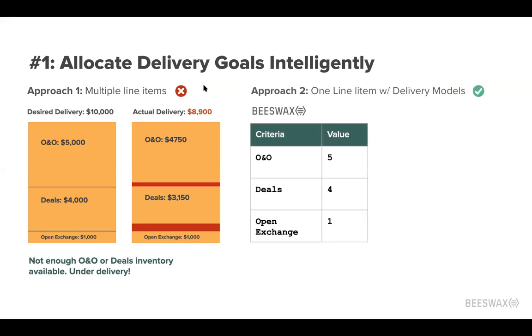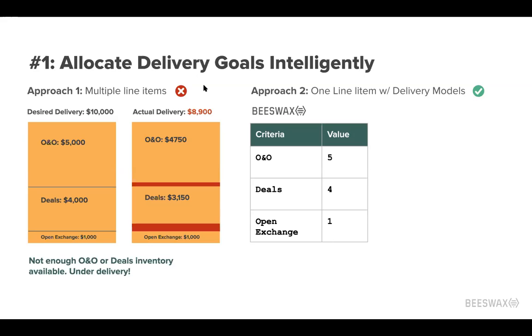With delivery models, the idea is you have a single line item that handles the overall budget. And there's this separate object, which we call the delivery model, where as customers, you can express how you want to weight the different inventory subsegments. In this case, my owned and operated, I'm weighting it as a 5, deals 4, and open exchange is 1.